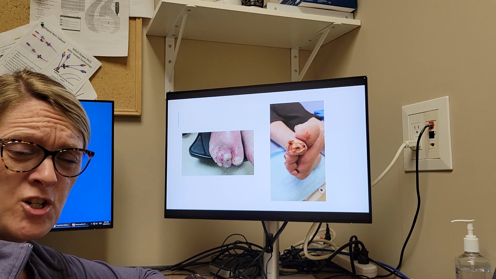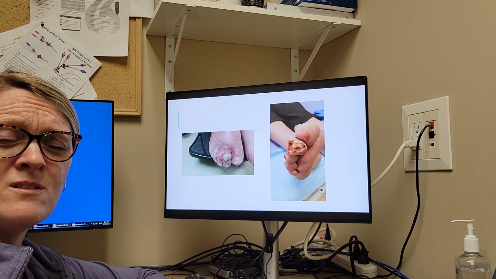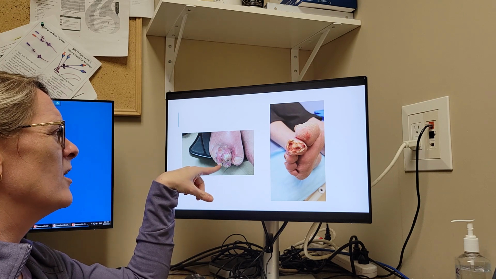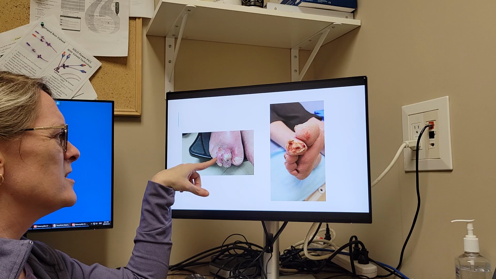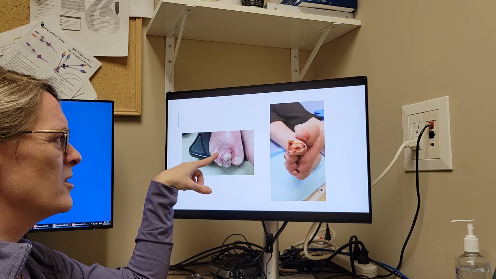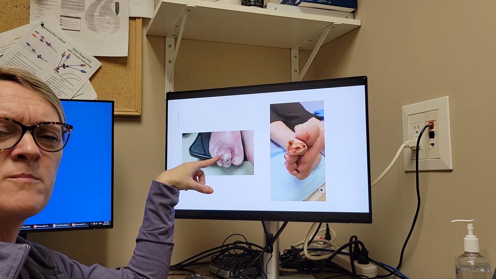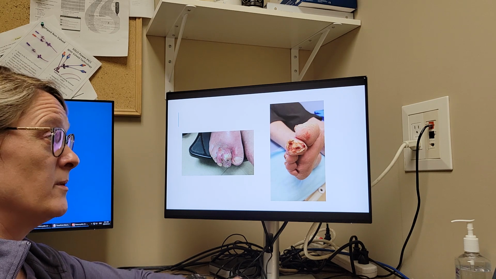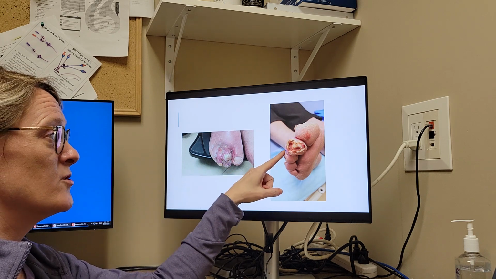We did end up treating this with IV antibiotics to get it closed, because he does have a web here as well where the toes are attached. It's hard to differentiate, but this is actually where the bone was exposed in between the two. So again, another great example of when to use intravenous.